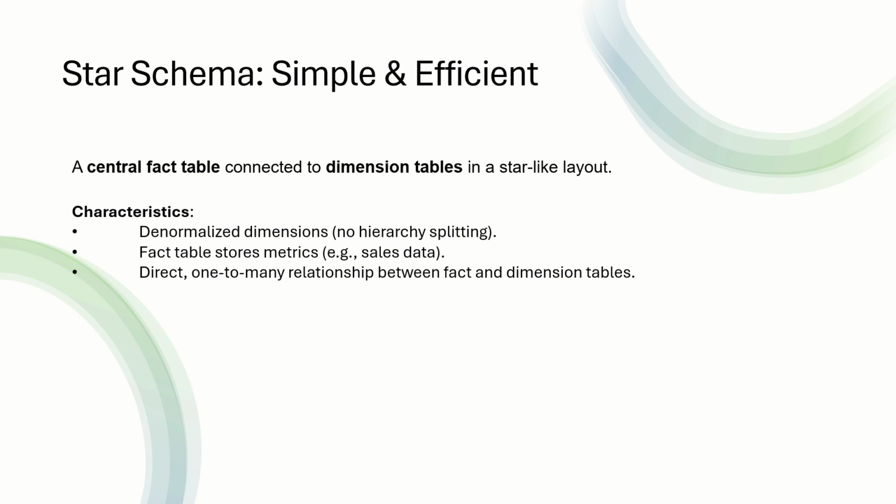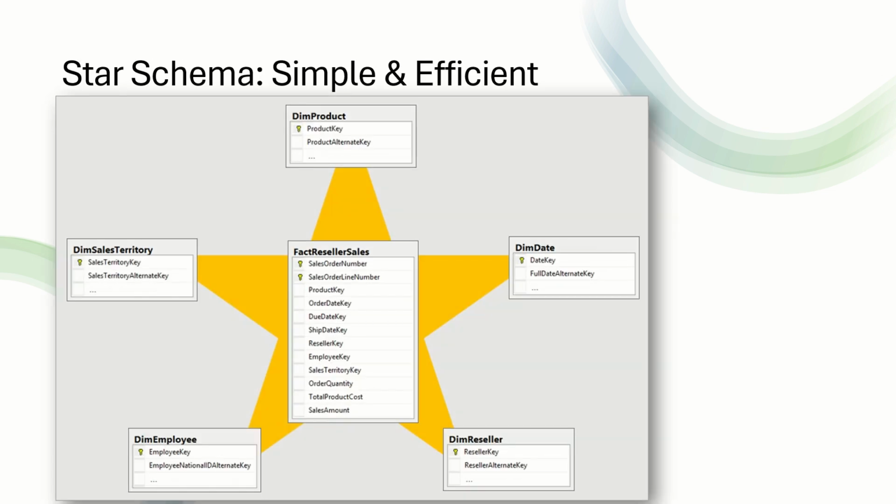And the fact table stores metrics, for example sales data, as we just discussed. It is also direct: there is only a single one-to-many relationship between a fact and a dimension table. Next, this is the view of how a star schema looks. You have a single fact table connected to multiple dimensions.